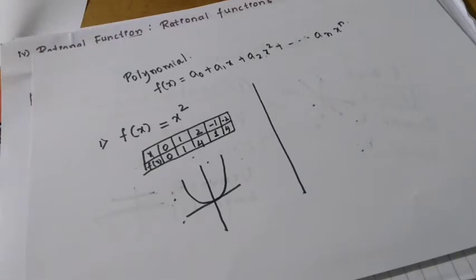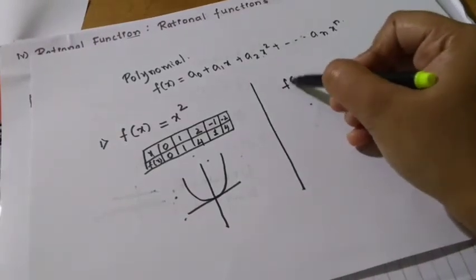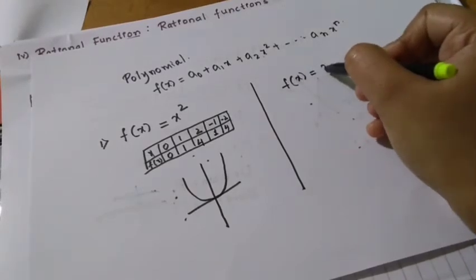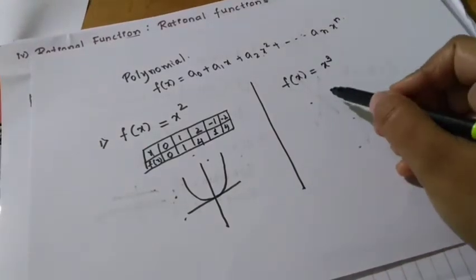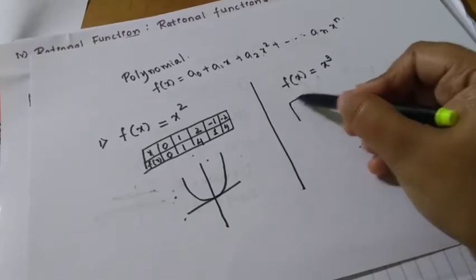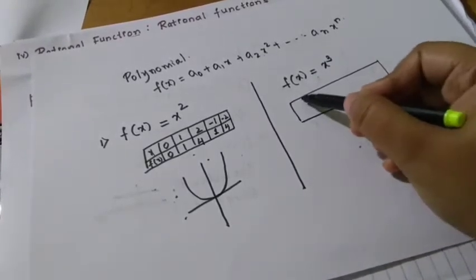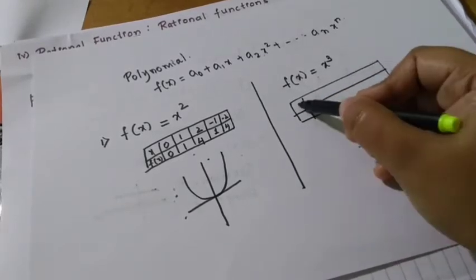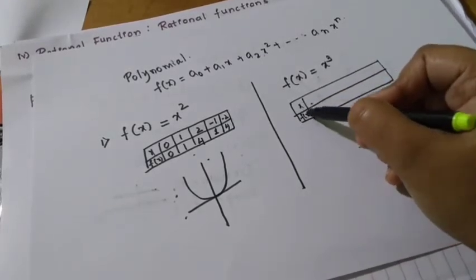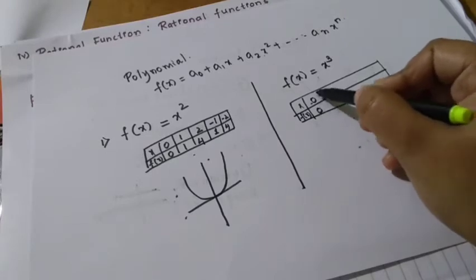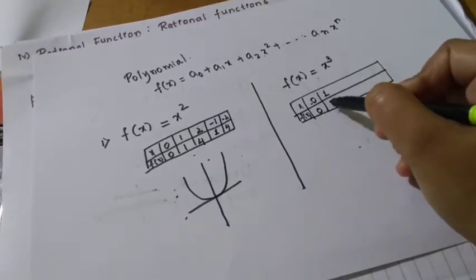Next, the second example was x cube. If it is x cube, how did we get it? x and f of x. If you take 0, its value is 0. If you take 1, its value is 1.